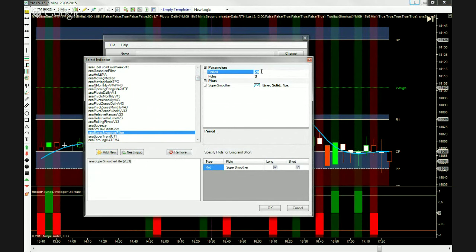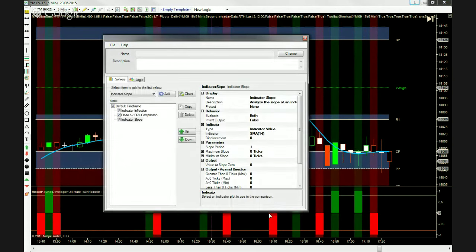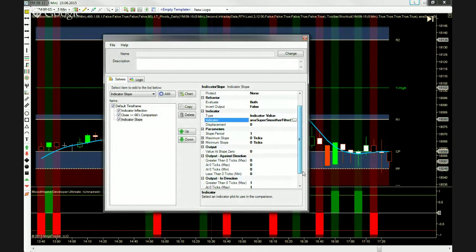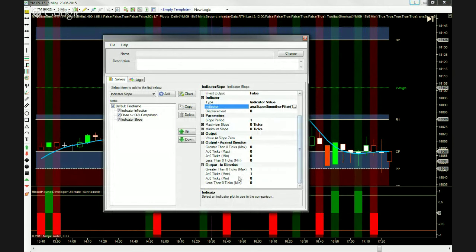Let's look at same time window, hit OK. And now here's the important thing. You can output in direction. That's the default. That's the one that we used for the trend filter. So if it's moving up in the trend, we're going long. If it's moving down in the trend, in the 30-minute chart, we're going short.